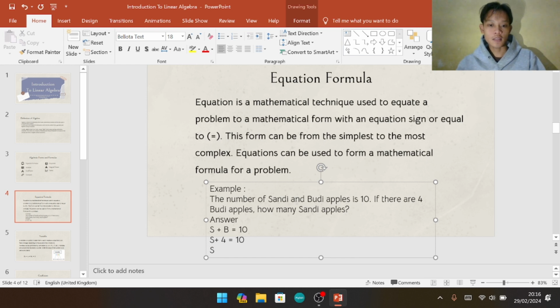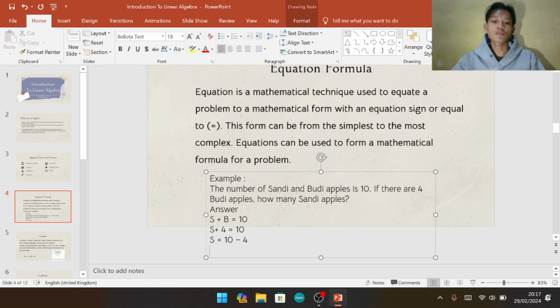Next, S equals 10 negative 4. In conclusion, S is 6. Okay, conclusion, Budi has 6 apples.